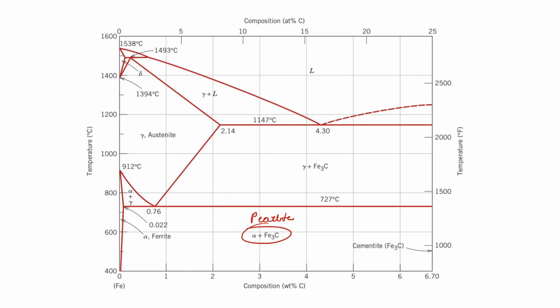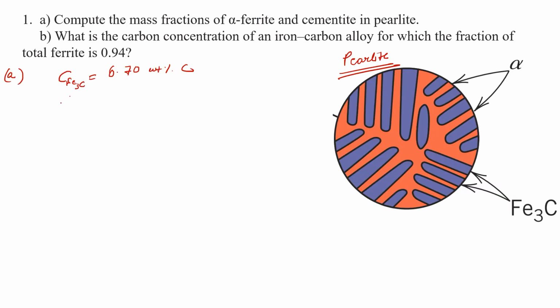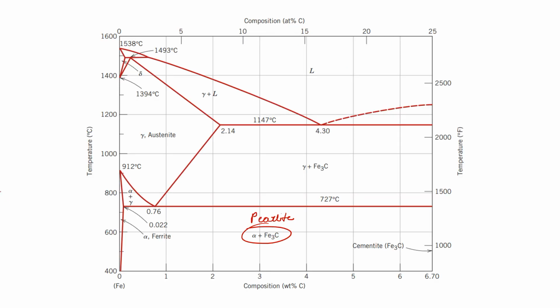You can see it here is 6.7, and C alpha is 0.022 weight%. Okay, so this C alpha is 0.022, which is basically this part.